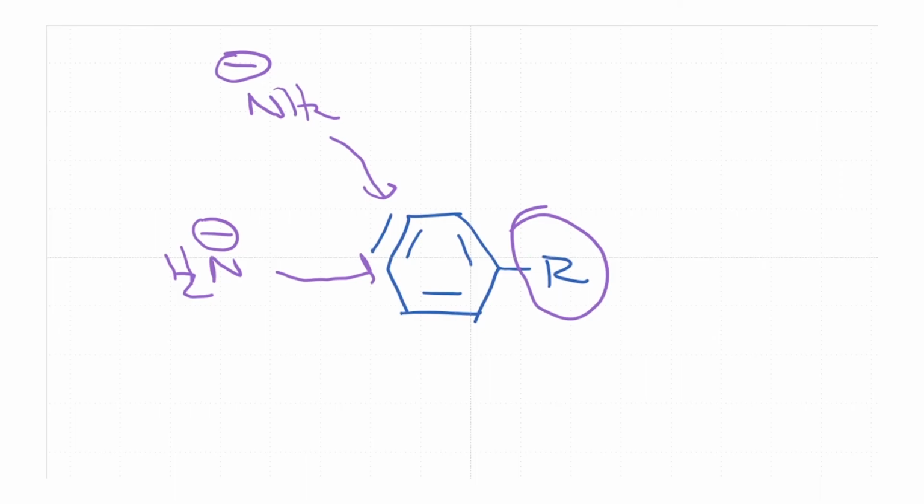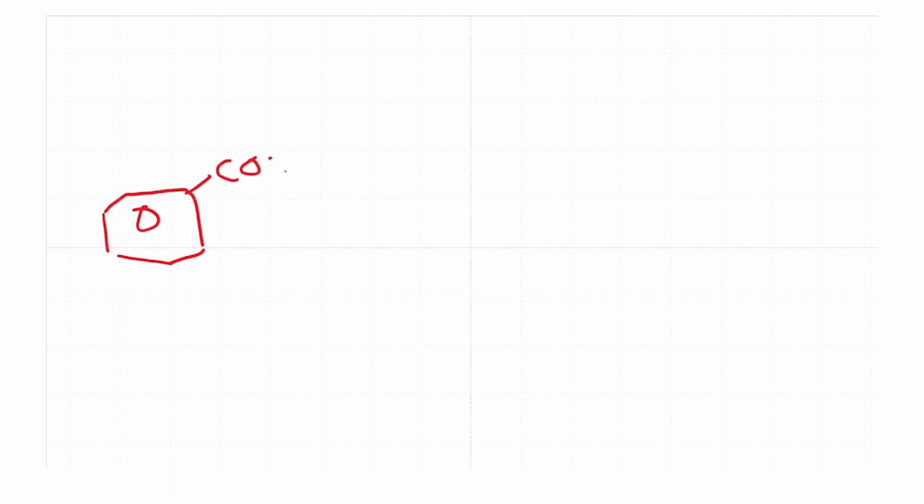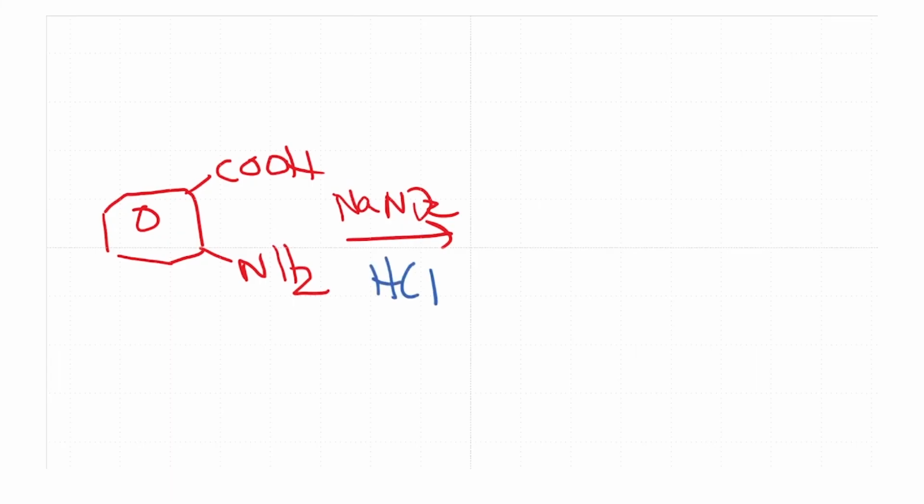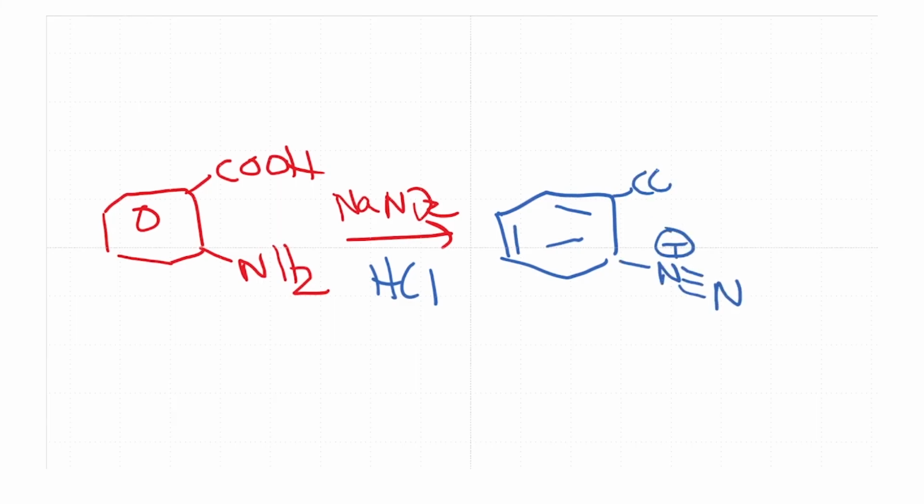Now, lastly, we want to look at one more piece of evidence for the formation of benzyne. So when we start with COOH and NH2 and do a diazotization reaction on this, so when you do a NaNO2 and HCl, you can produce the diazonium salt here, with triple bond N plus and COO minus.